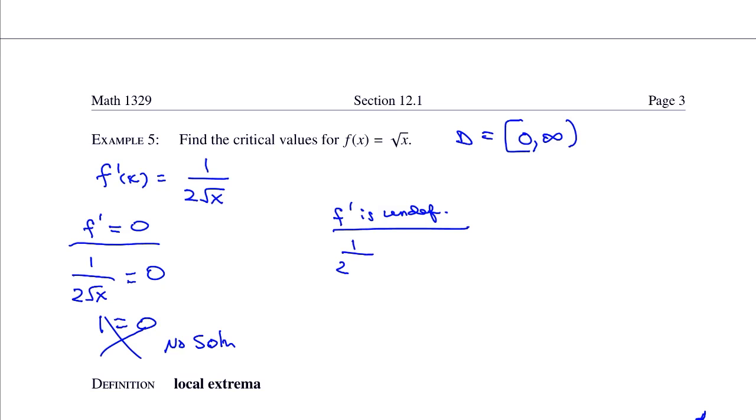So 1 over 2 square root of x is undefined when the denominator is equal to 0. So solving that for x, first you divide by 2, and then square both sides, and you get x equals 0.